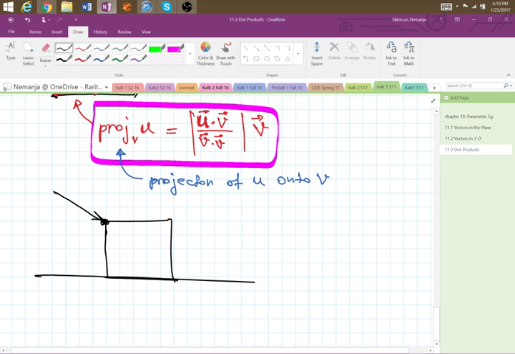Now, which way does the force actually go? The force actually goes this way. So if you think about this as vector v, and this is vector u that you are pushing with, it's this portion here, which is the projection of u onto v, because all of the force has to be forward.